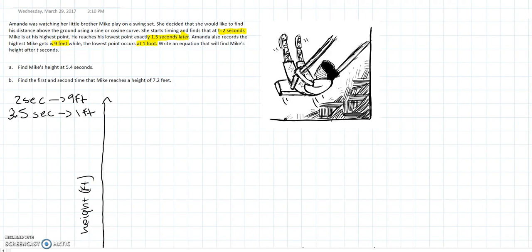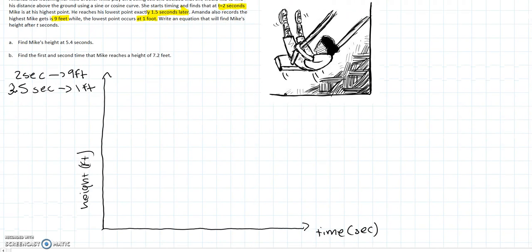And our scale for our x-axis is going to be by 0.5 seconds up to 6. And for our y-axis, the scale is going to be going by 1 up to 9.